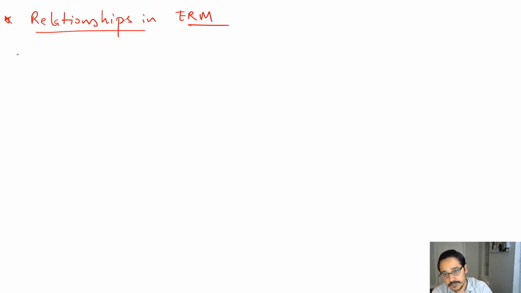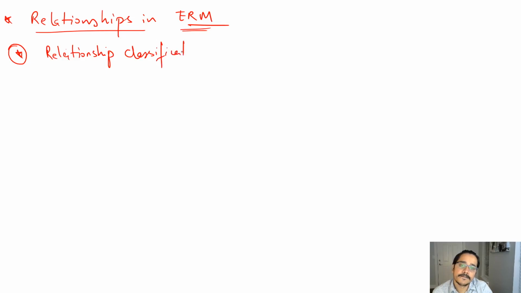As a result, the first thing you need to keep in mind is that within the realm of ERM, the relationship type or relationship classification is actually called connectivity.